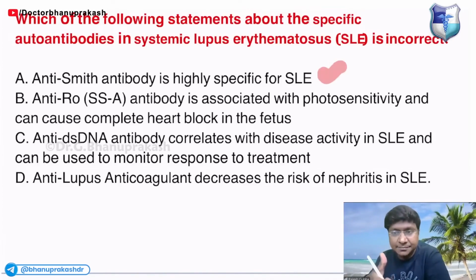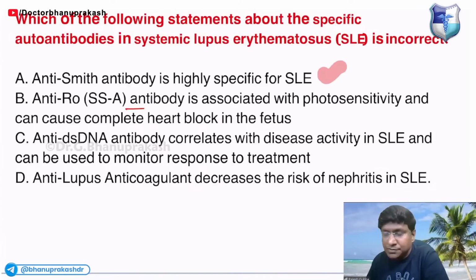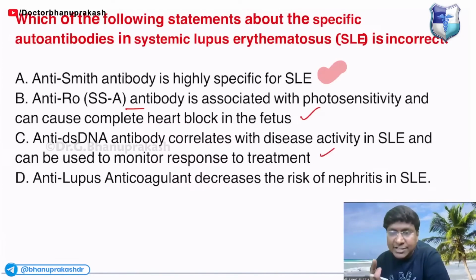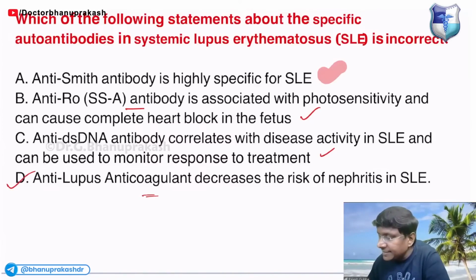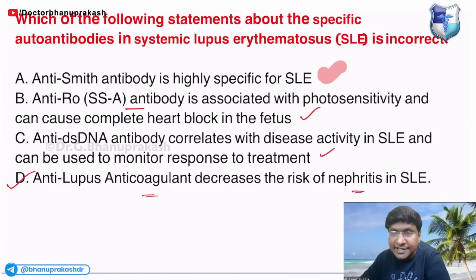That is correct. Anti-Ro antibody is associated with photosensitivity and complete heart block in the fetus. Correct. Then anti-dsDNA correlates with the disease activity in SLE. Correct. Then anti-lupus anticoagulant decreases the risk of nephritis in SLE. That is the incorrect statement.